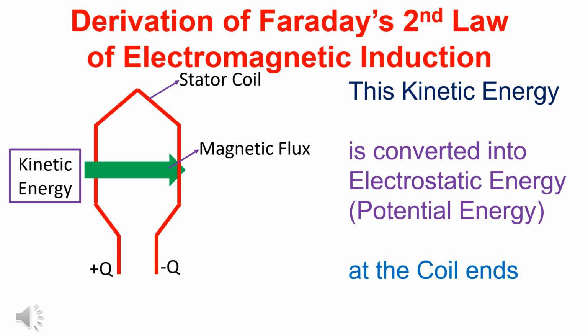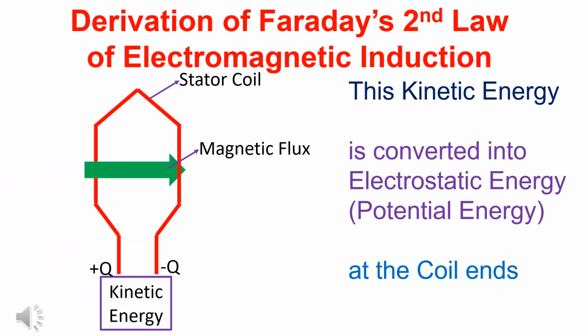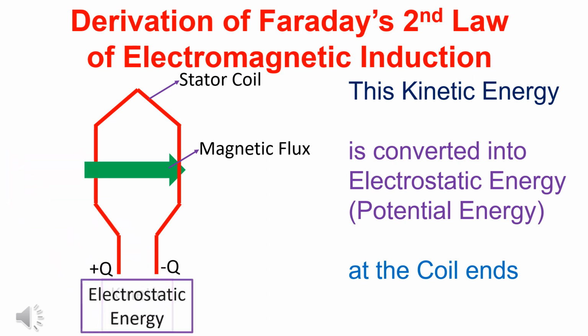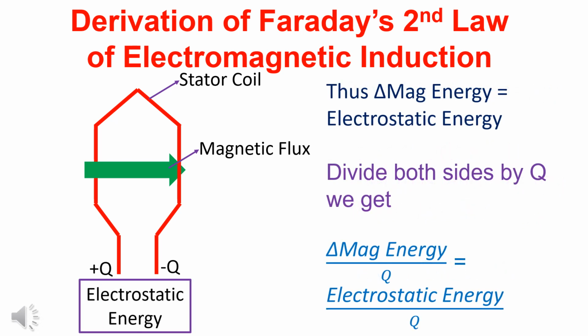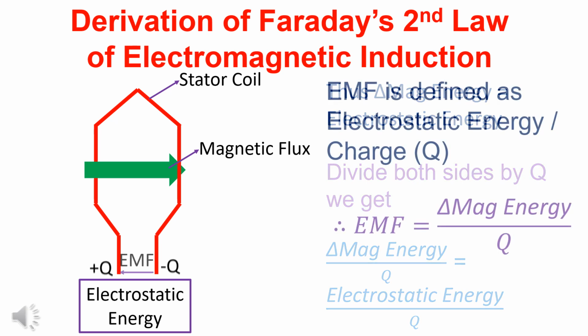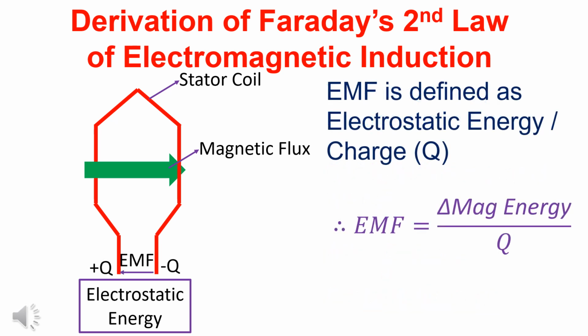The kinetic energy is converted into electrostatic energy at the coil ends. Thus, delta mag energy is equal to electrostatic energy. Let us divide both sides by charge Q. Hence, EMF is equal to delta mag energy divided by Q.